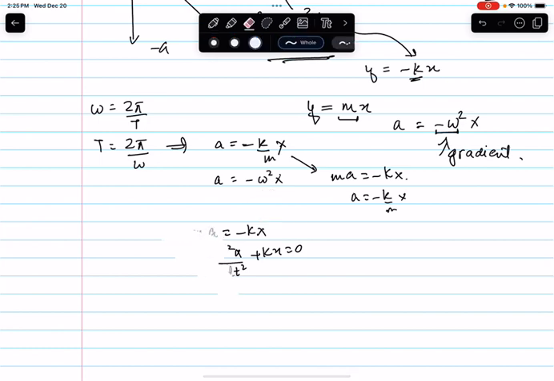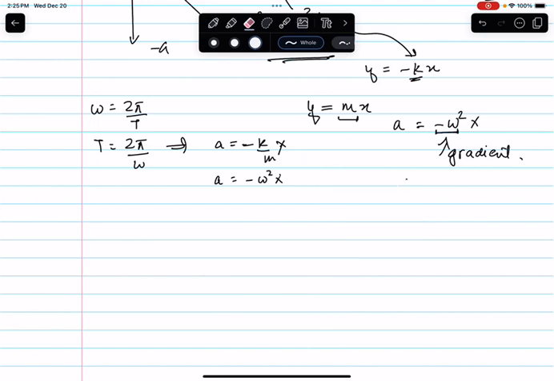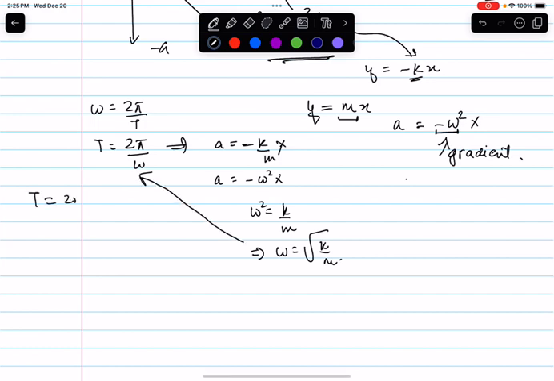Now, when you get both of these equations, you can clearly see that omega squared is equal to k over m, so omega is the square root of k over m. So we just substitute it here. The time period is 2 pi by omega, which is 2 pi divided by the square root of k by m.